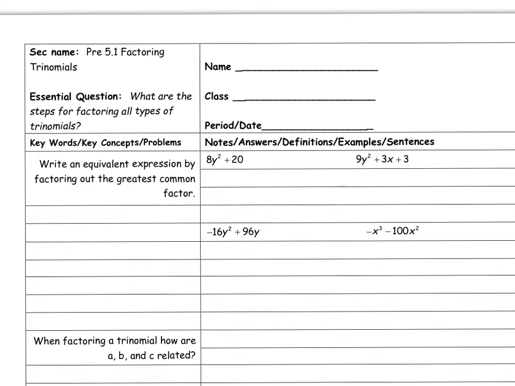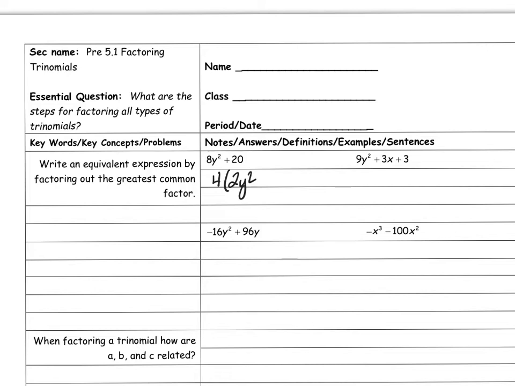So here we're gonna go ahead and factor now. It says write an equivalent expression by factoring out the greatest common factor. So basically what I want to know is what number goes into both 8y squared and 20. So what goes into both 8 and 20? Well, 4 does. So if I take a 4 out of 8y squared, I get left with 2y squared, because 4 times 2 is 8.